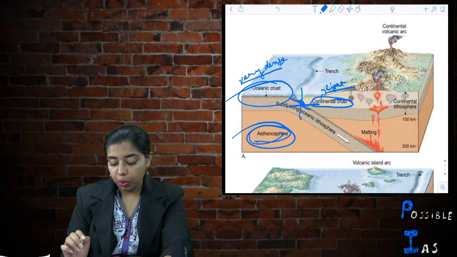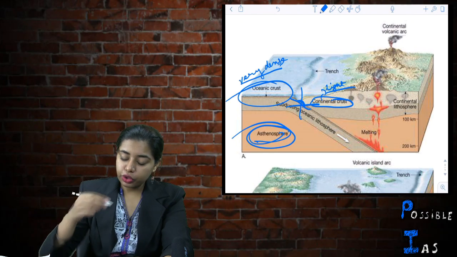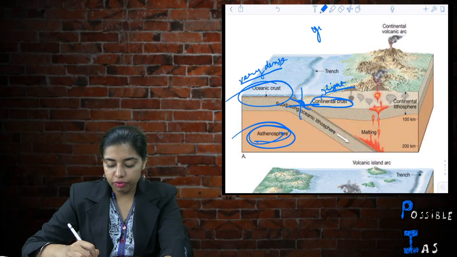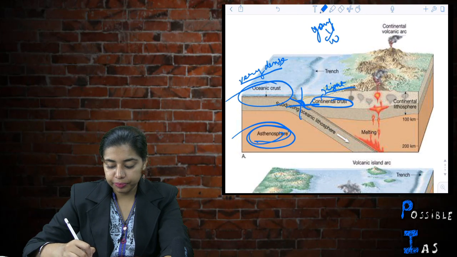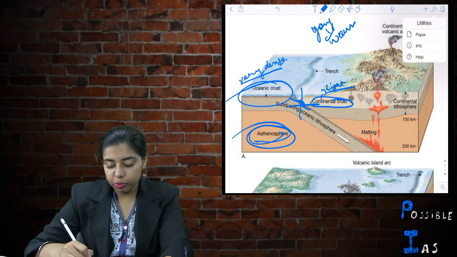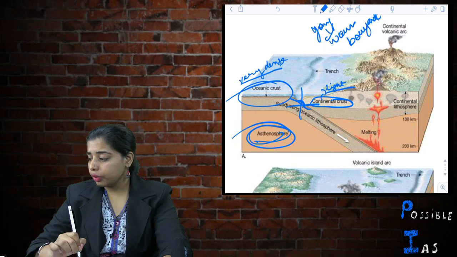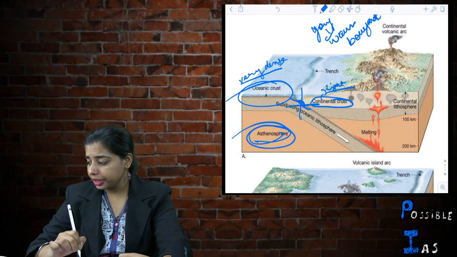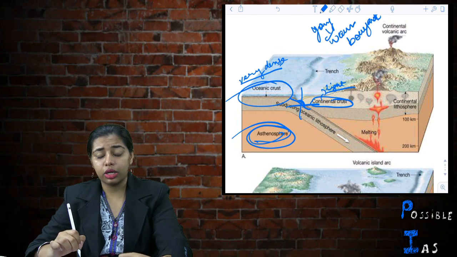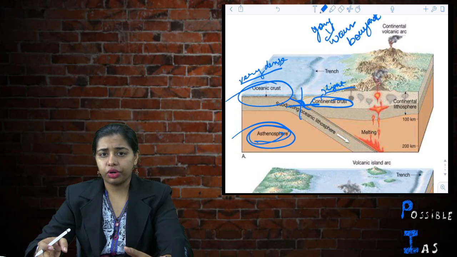When the oceanic crust is young, obviously it is warm, and warm things are more buoyant. So when the young oceanic crust is warm and buoyant, the angle of descent is small. It can vary from 20 to 45 degrees.